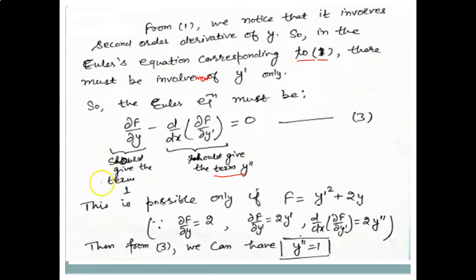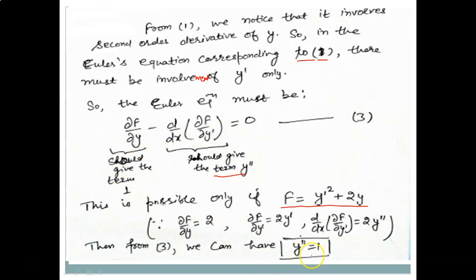So it is possible if you choose f in such a way that f equal to y dash square plus 2y, then curly f over curly y is 2, curly f over curly y dash is 2y dash, and d by dx of this thing equals 2y double dash. When you substitute these values over here in this equation, definitely you are going to have y double dash equal to 1.